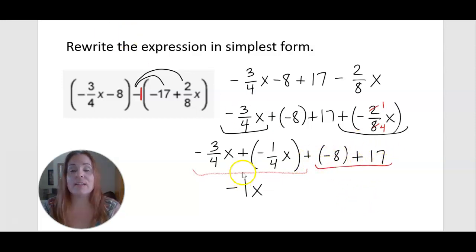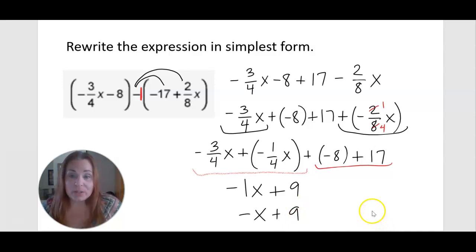Over here, on this side, they're on opposing teams. So I've got 8 on the negative team, 17 on the positive team. The positive team's going to win by 9. I have to think about that. Now, another way of writing negative 1x is just to write negative x. Right? So those are equivalent. I could also change the order, right?